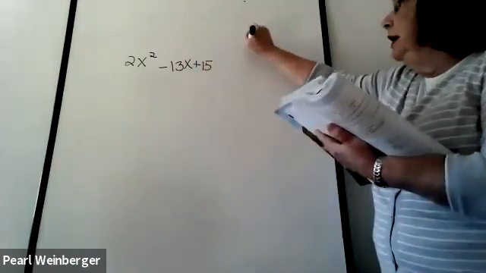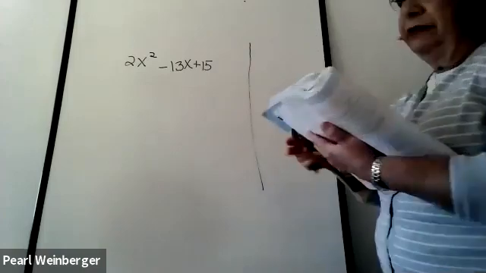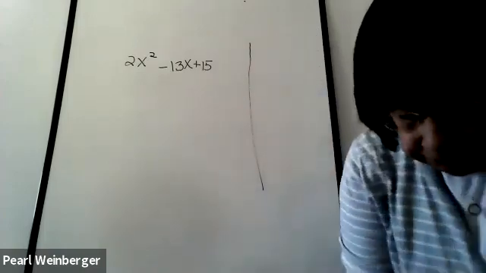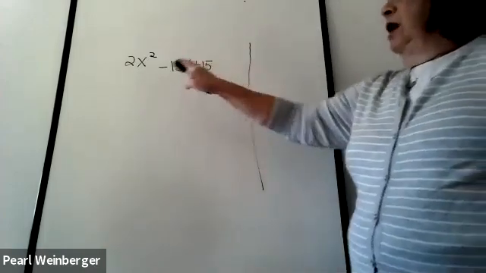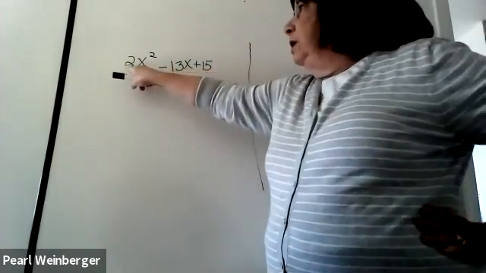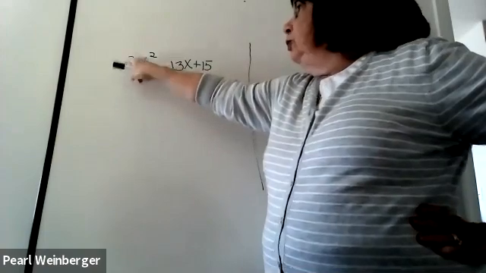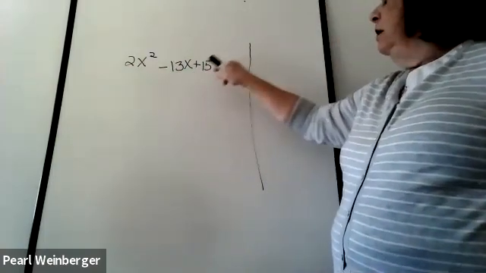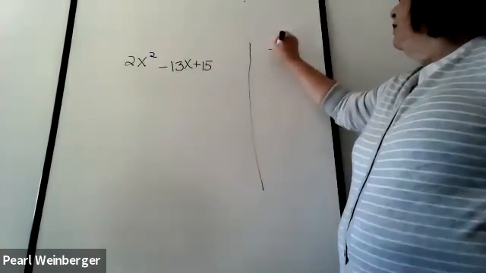Okay, I'm going to put a line here so I can do the AC business over here. Again, no common factor. So I have to multiply the A, the 2, by the C, the 15. That will give me positive 30.